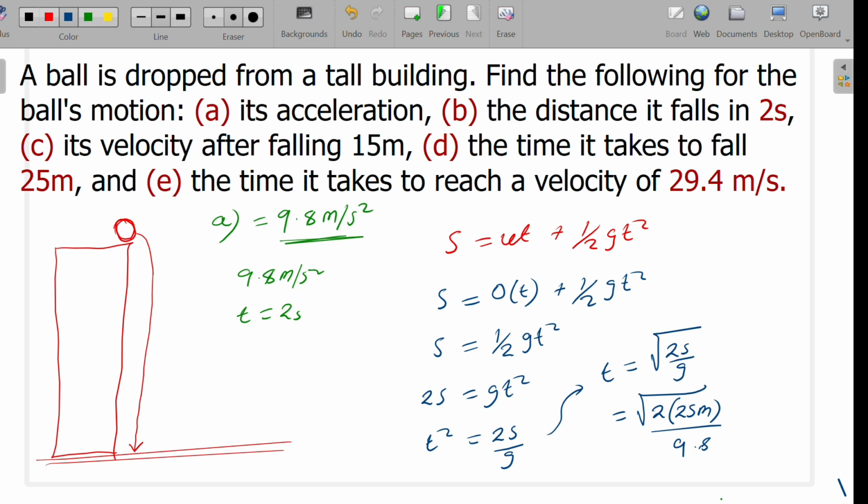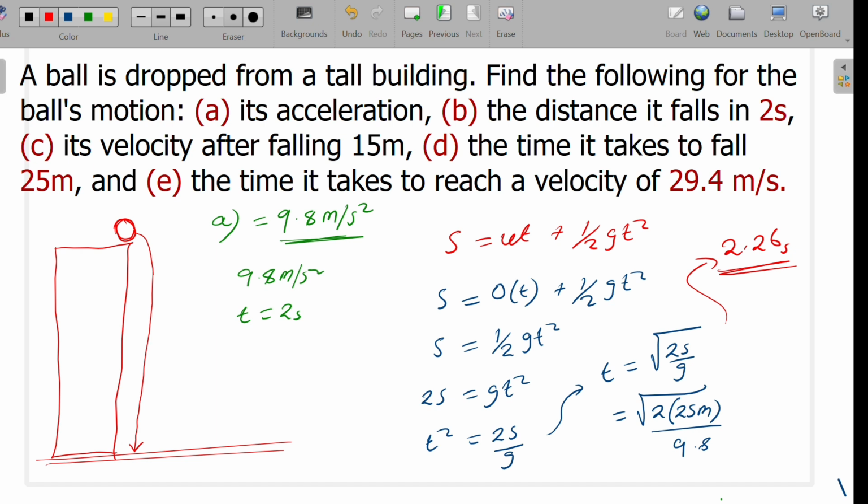All we have to do is do our mathematics, and the answer we are finding, according to my calculator here, is 2.26. So 2.26 seconds is the time it will take to cover a distance of 25 meters from the top. Yes, so that's it.